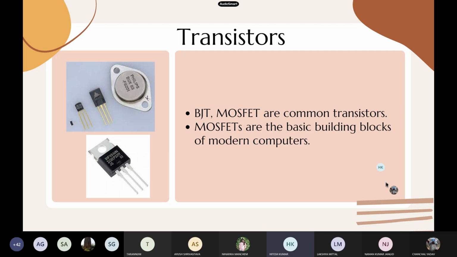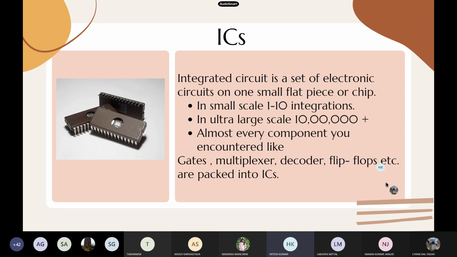Because transistor is a very big part, we cannot cover it completely in this workshop. So leave it here and come to our next component, that is IC. You can see these black components with so many pins is IC. IC stands for integrated circuit.